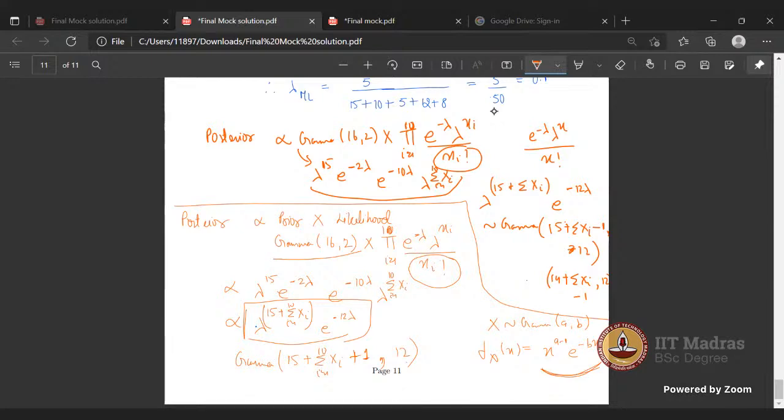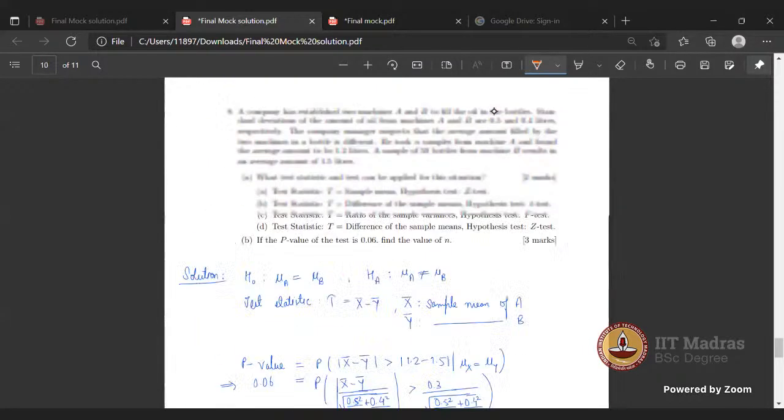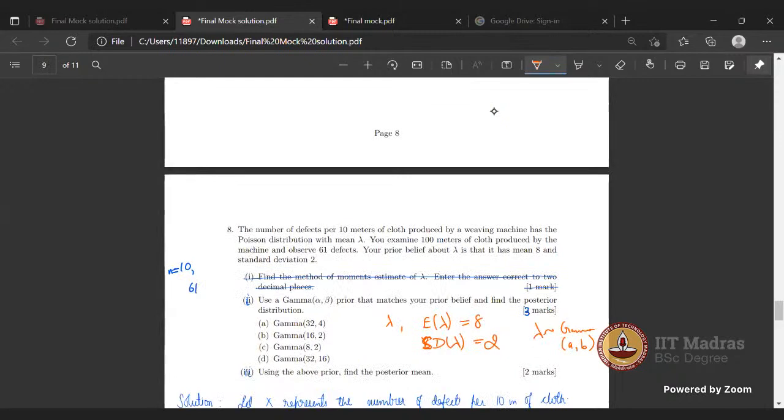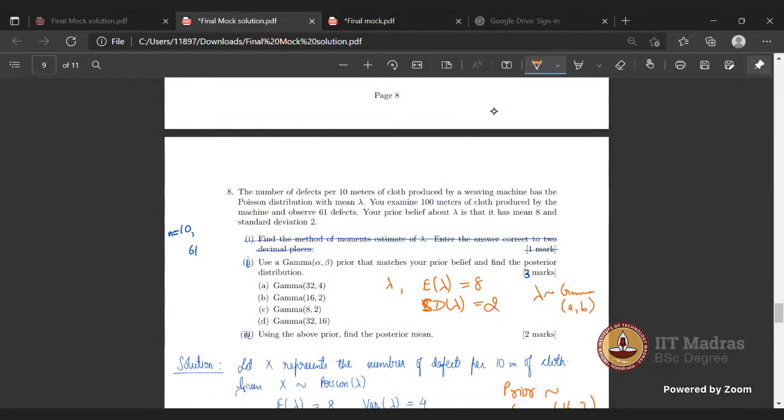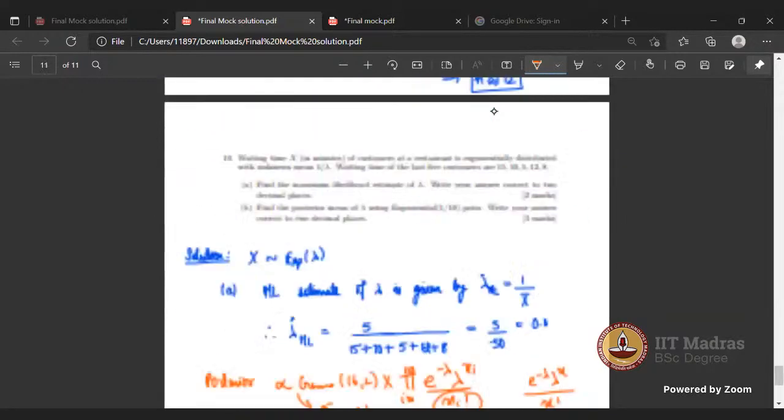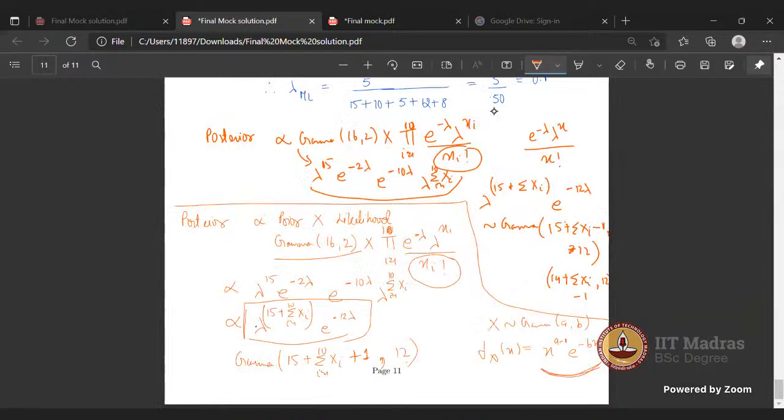Now sum over xi is given to you as 61 in the problem. Look at the problem. It is given as 61. You examine 100 meters of cloth and observe 61 defects. So total number of defects is 61.